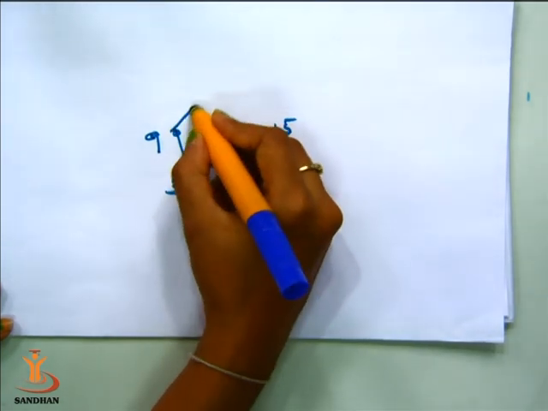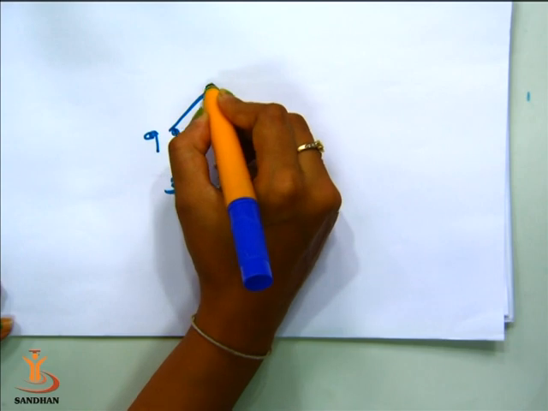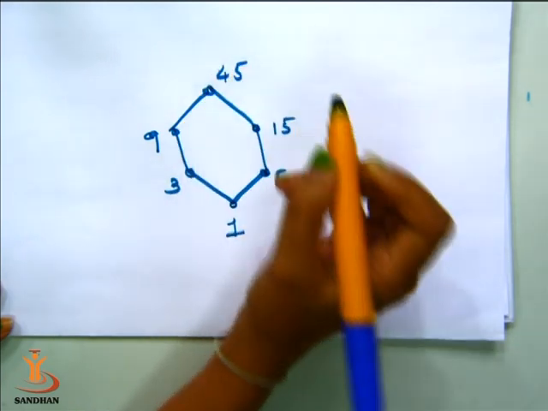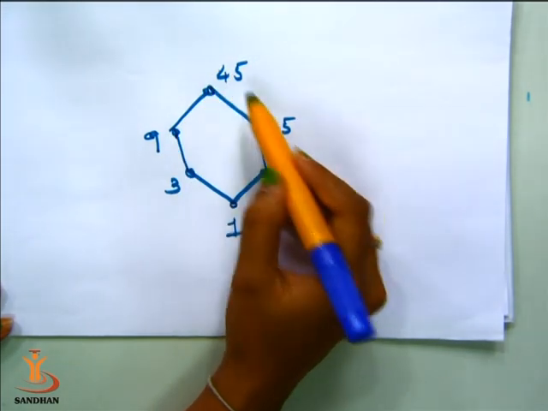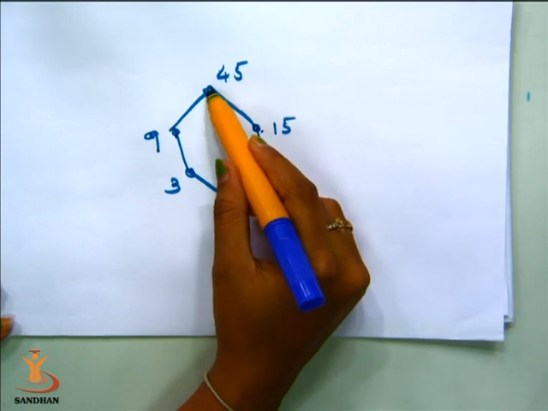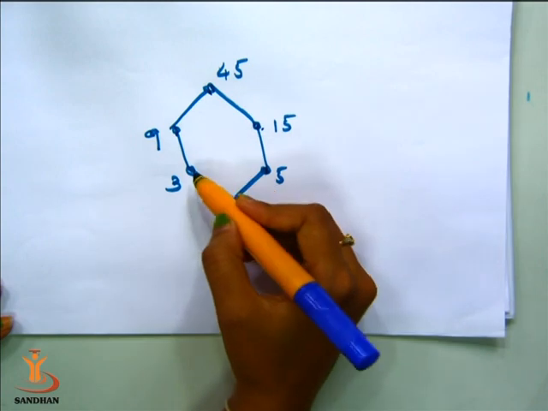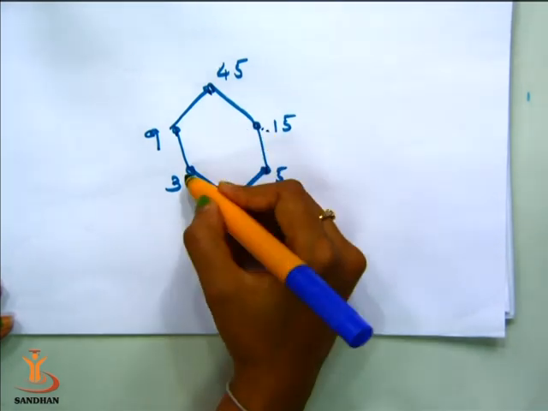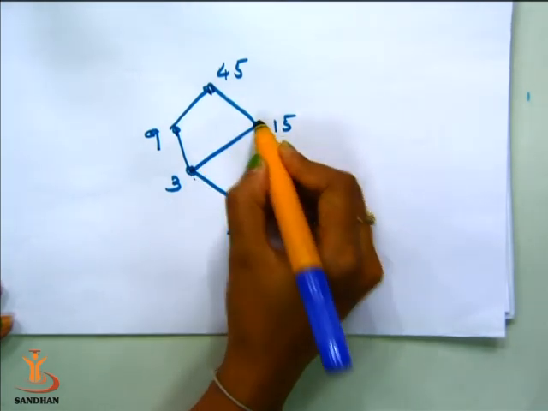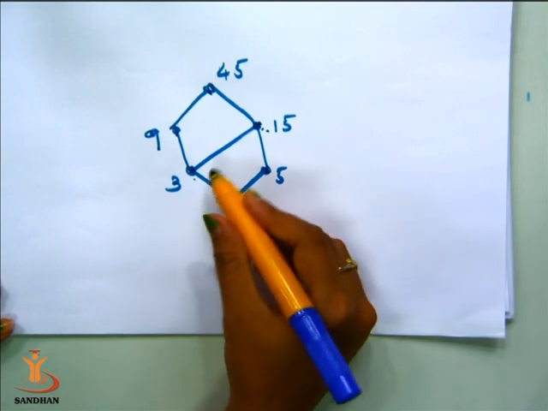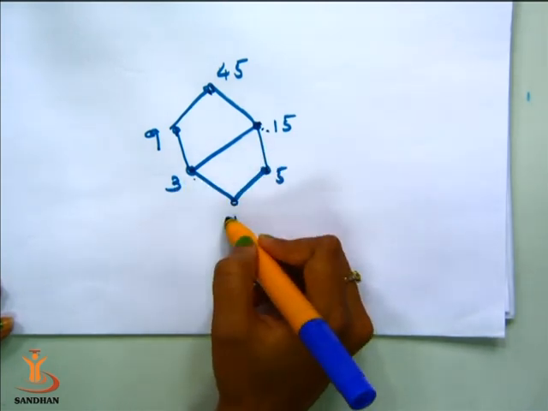Also 9 and 15 both divide 45. So we have a line joining 9 to 45 and 15 to 45. But here one relation is left. 3 also divides 15, so we can join 3 and 15 by a line. So 1 divides 3 and 5.